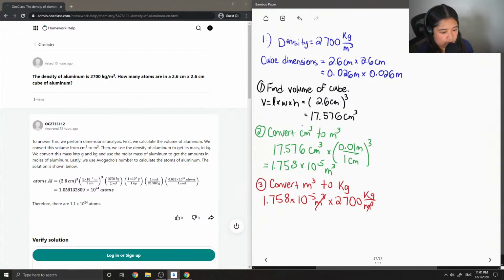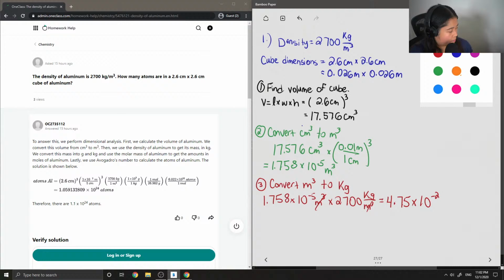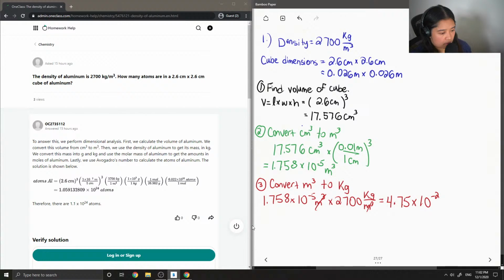You'll notice that our units for meters cubed will cancel out, and we're left with a value in kilograms, which is 4.75 times 10 to the negative 2 kilograms.